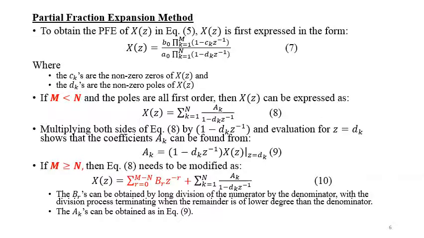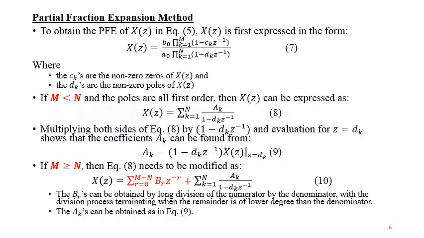So we use the inspection method to find the inverse transform if we know the expression is recognizable. But there are some expressions which are not explicitly recognizable. So for those, we obtain an alternate expression for X of z in simpler terms.